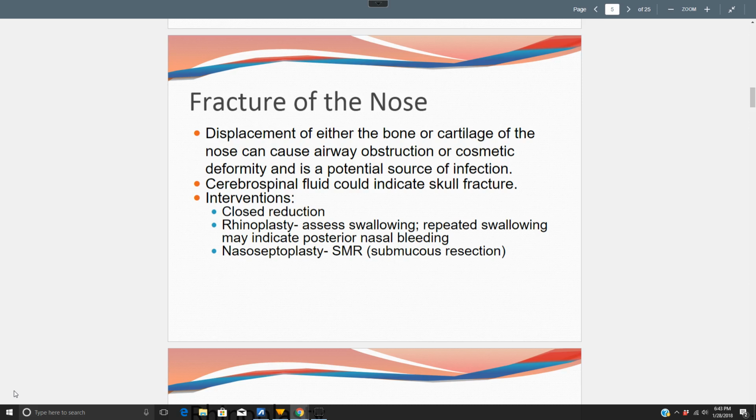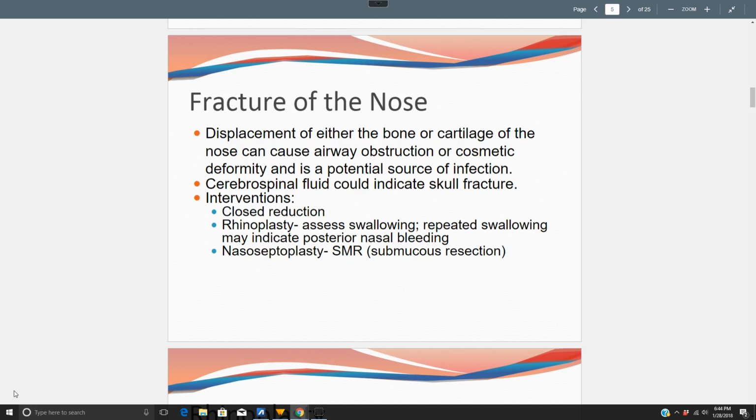And as I said, as long as there's no compromise of their respiratory status, the patient will be sent home, again instructed to continue with cold compresses to decrease the swelling and given some kind of pain treatment, because when that anesthesia wears off, that person is going to feel a lot of discomfort in that particular area.